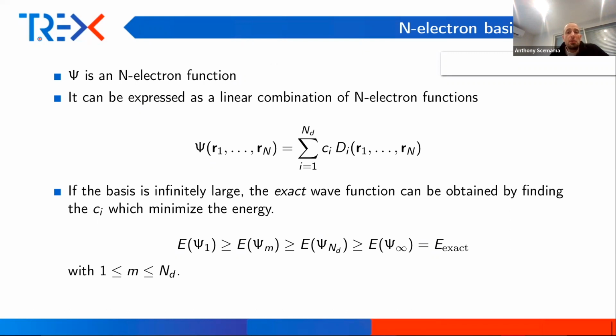Okay, so that's what I write here. And of course, if the basis is infinitely large, then you can represent the exact wave function in this basis by just finding the coefficients here that minimize the energy. And you will converge to the exact wave function.